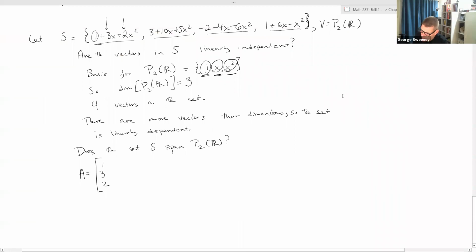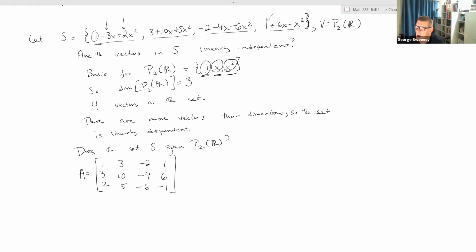And then we'll have 3, 10, 5, then -2, -4, -6, and then 1, 6, -1, and that's A. Can everybody make sure that you can do that? That's something you may have to do on your exam, because that's how you turn a set of polynomials into a matrix.